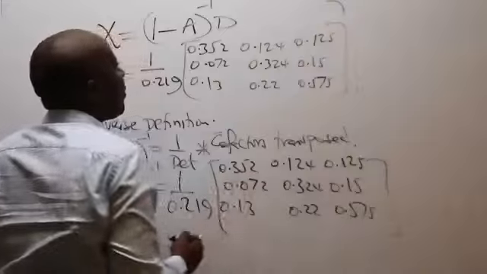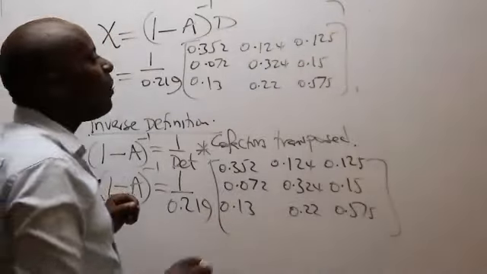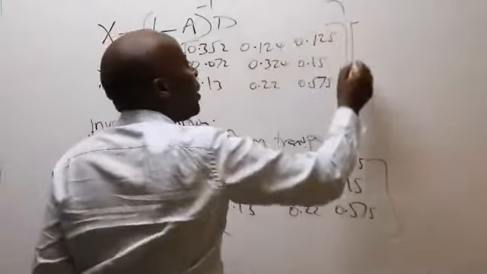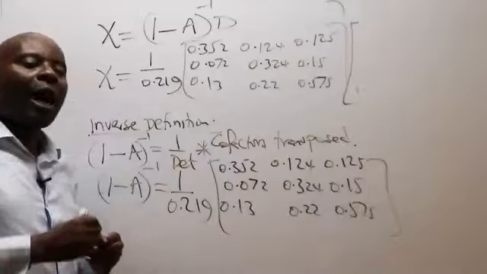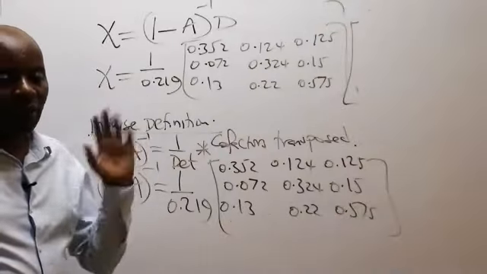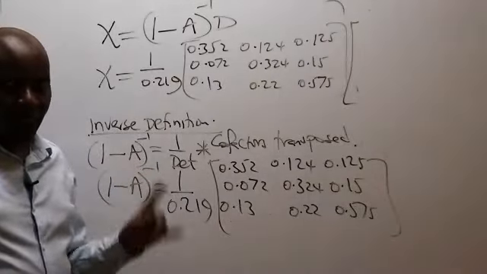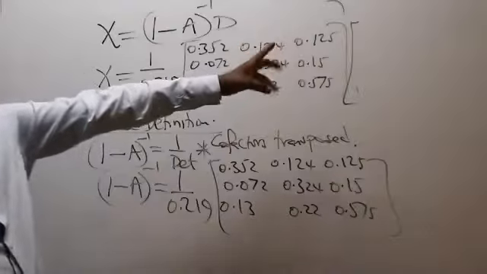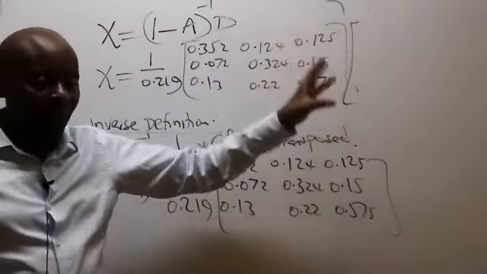So this is our (I minus A) inverse multiplied by our matrix D, the one that we gave you when we started the question, which you don't have now on the board. I deleted mine long time ago. So I would expect a good student to come and give me this matrix D, the final demand.